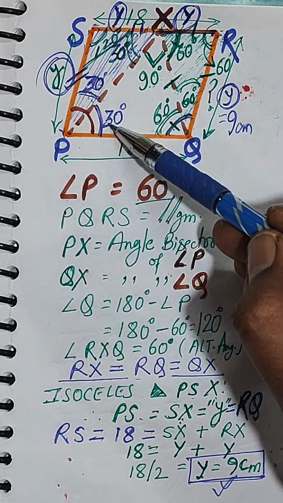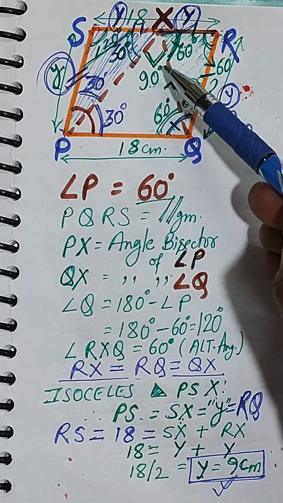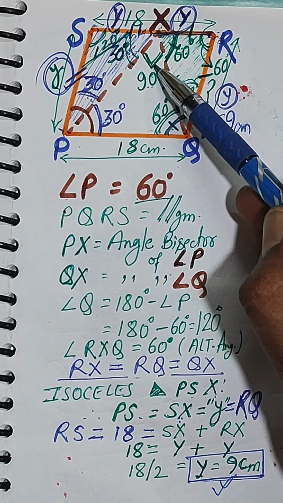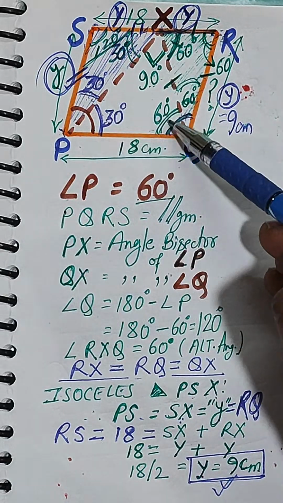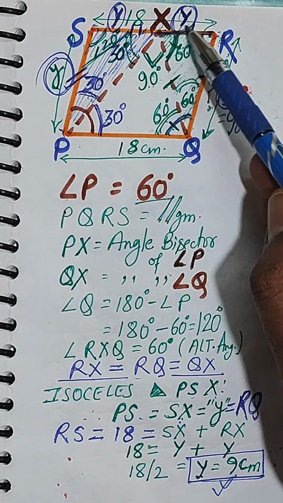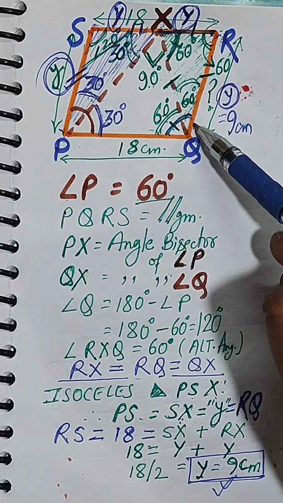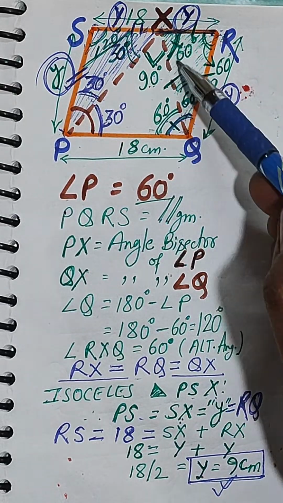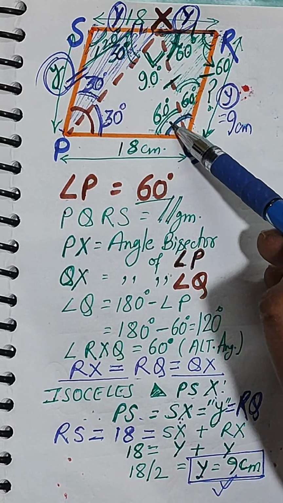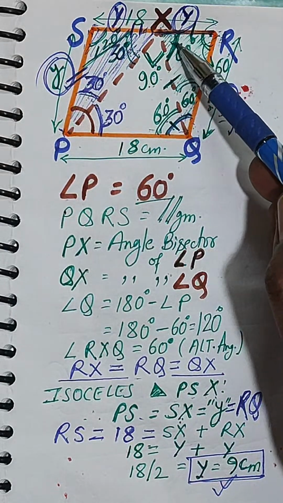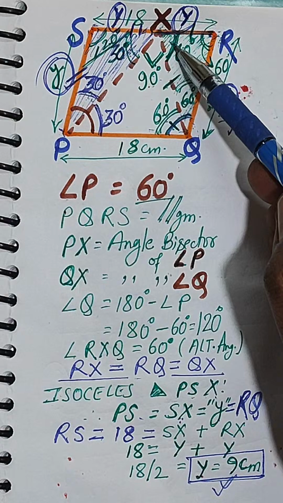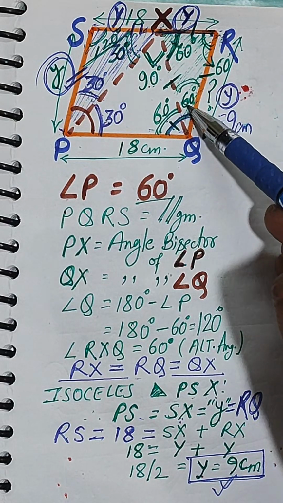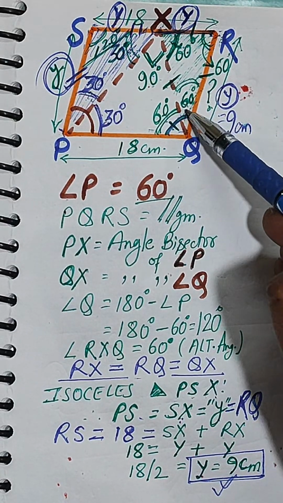Now from this we calculated this as 90. If this is 90 and this is 30 and this is 60, so if you consider RX and PQ as parallel lines being a parallelogram and XQ as the transversal, then if this angle is 60 degree, then this will also be equal to 60 degree. And being the half of the angle Q, this is also equal to 60 degree.